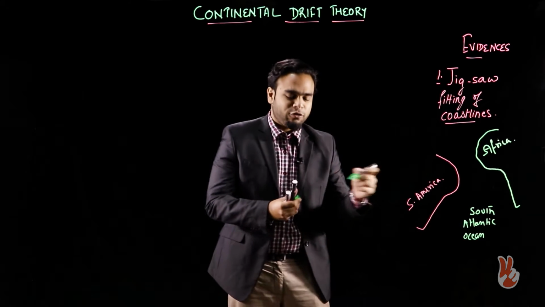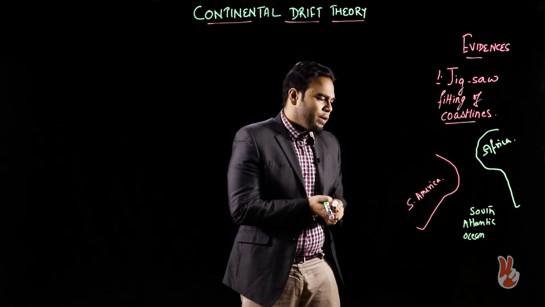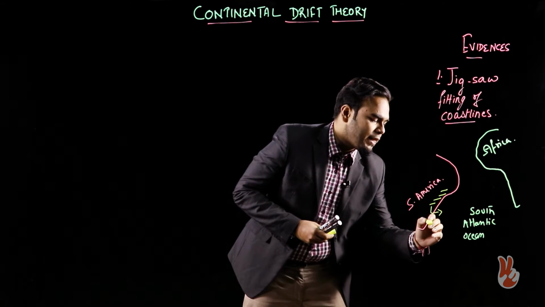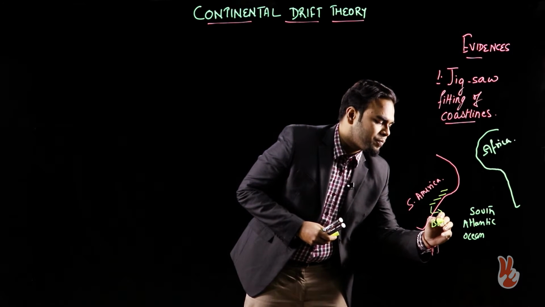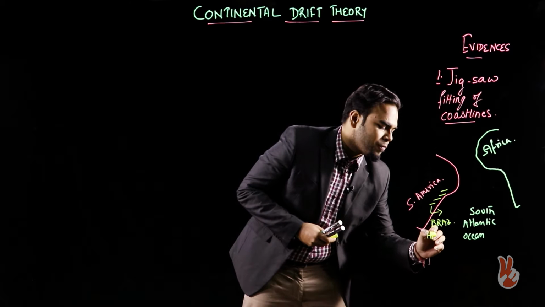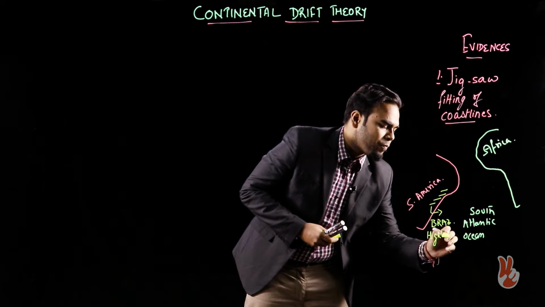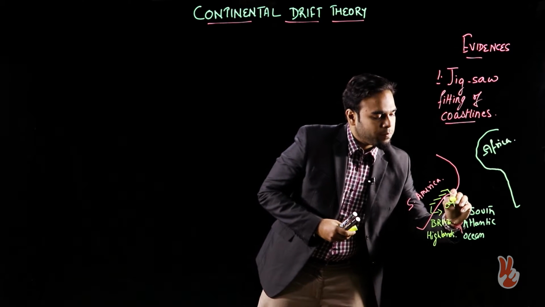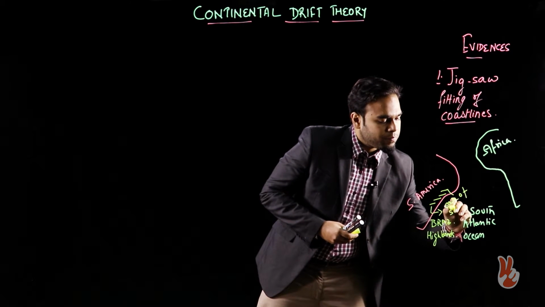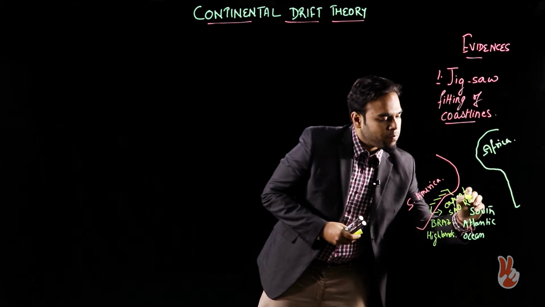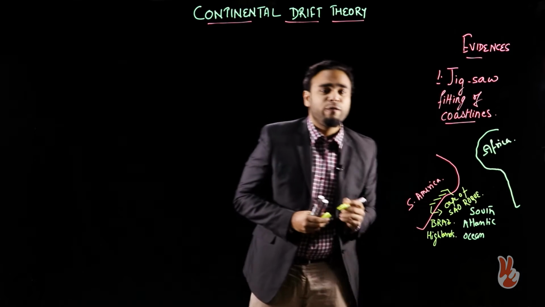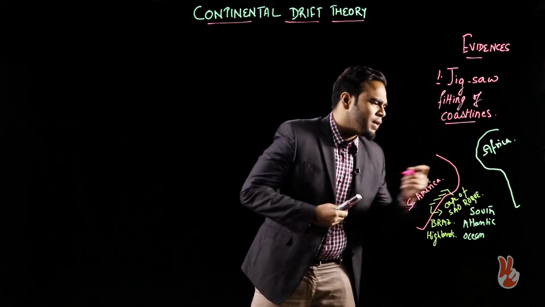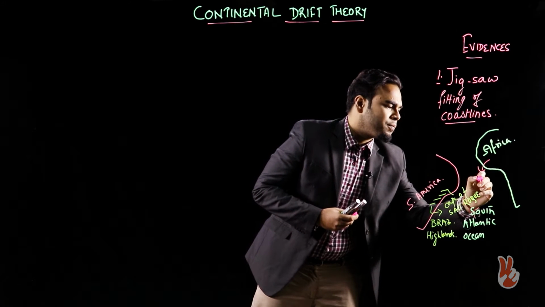Now if you look at South America, here we have the presence of the Brazilian highlands, and here we have the Cape of Sao Roque. Now if you look at the west coast of Africa, here we have the presence of the Guinea coast.